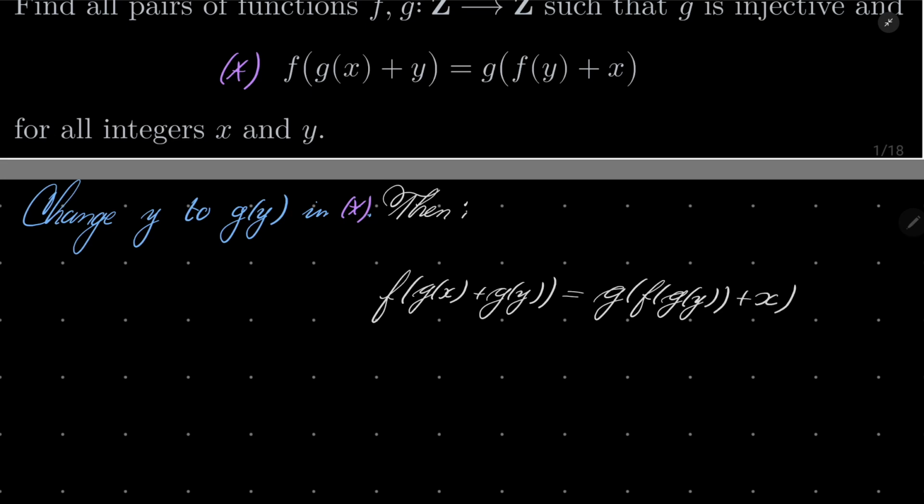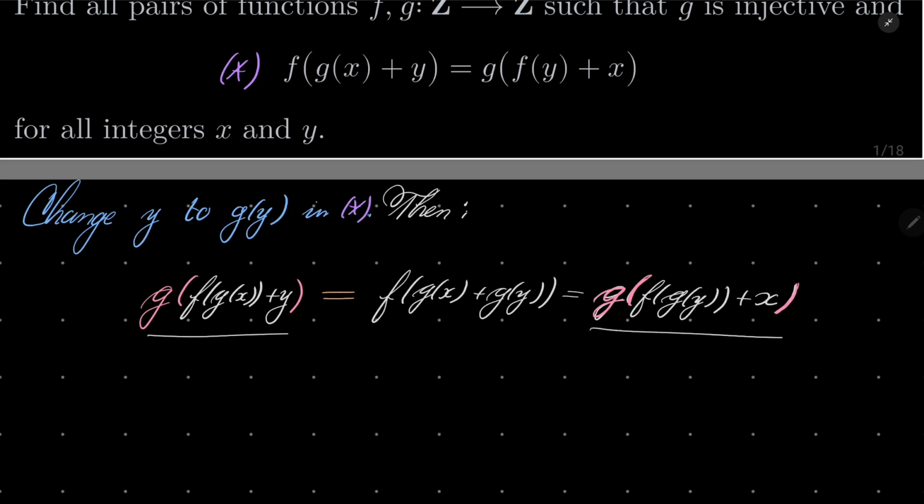But notice that, maybe let's write this outer occurrence of g in pink. Notice now that this expression is symmetric with respect to x and y. So I can change x and y, and I can write that this is the same as g of f of g of x plus y. I have changed x and y. So this equals that.